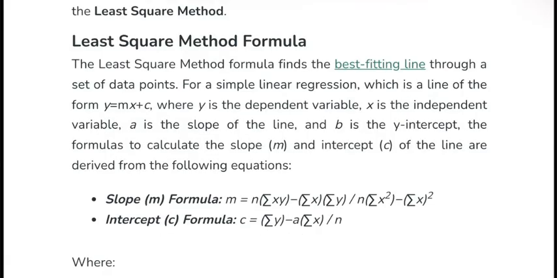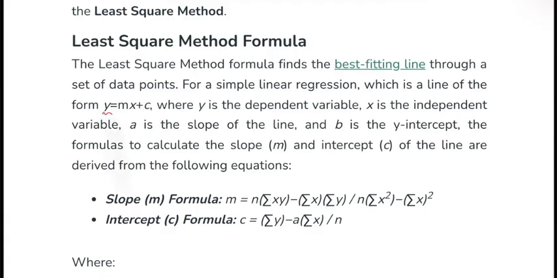The least square method finds the best fit line for the set of data points for a simple linear regression, which is a line of the form y equal to mx plus c, where y is the dependent variable and x is the independent variable. a is the slope of the line, and b is the y-intercept.